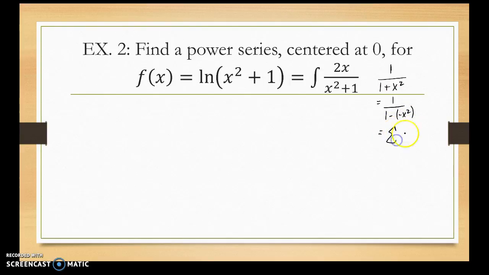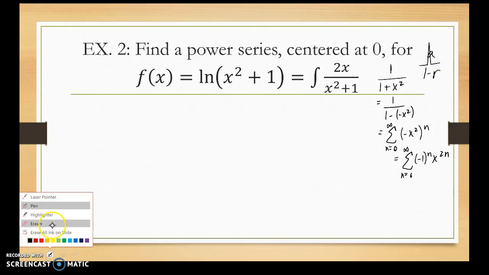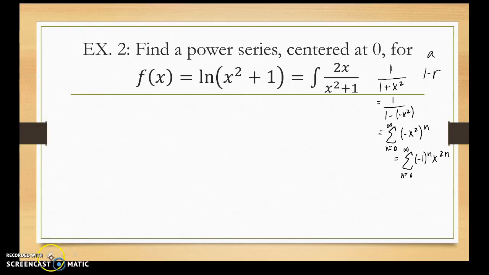So that's my geometric series, the first term of 1 and a ratio of negative x squared. Now I have the sum from n equals 0 of -1 to the n, x to the 2n. That's just manipulating our geometric power series.